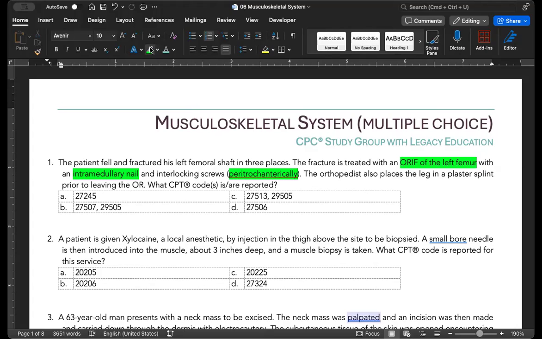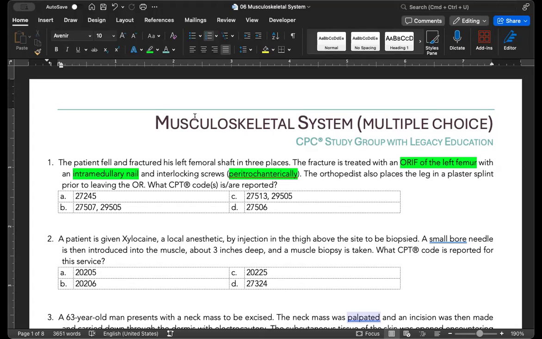So let's go look at 27245. Let's look at that one first. Our code description for the 27245 is the treatment of an intertrochanteric, peritrochanteric, or subtrochanteric femoral fracture with intramedullary implant with or without interlocking screws and or cerclage.